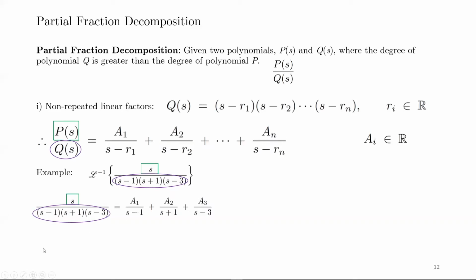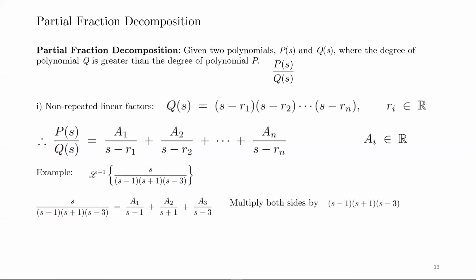So what I'm going to do here is take this term on the bottom that I've circled in purple, and multiply both sides by that term. Multiply both sides of this equation by S minus 1, S plus 1, S minus 3. The left-hand side, we're just going to get left with S. A1 over S minus 1, well, we get an S minus 1 cancelling, so we're just going to get A1 times S plus 1 times S minus 3.